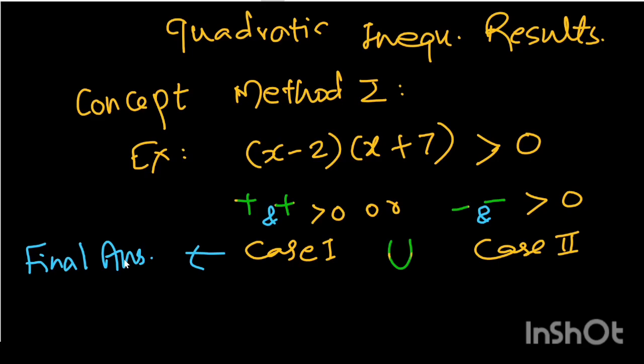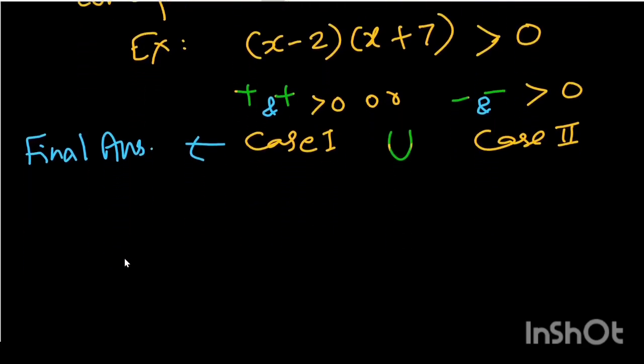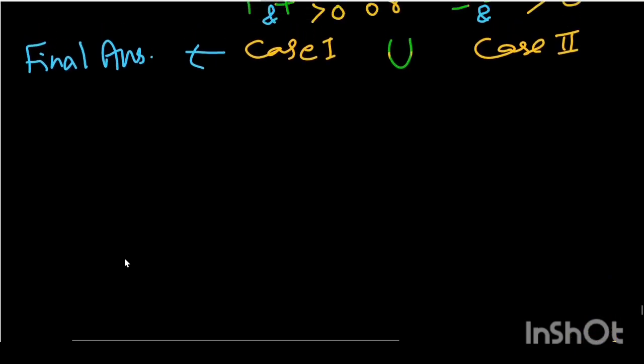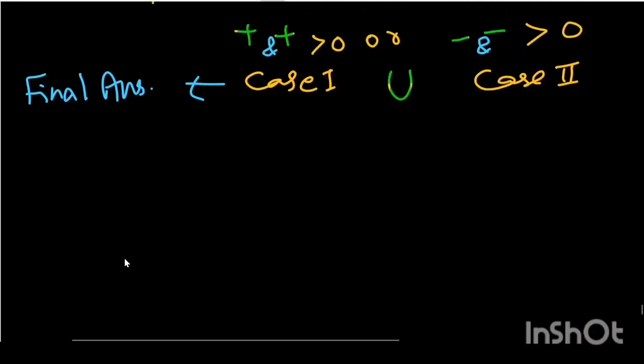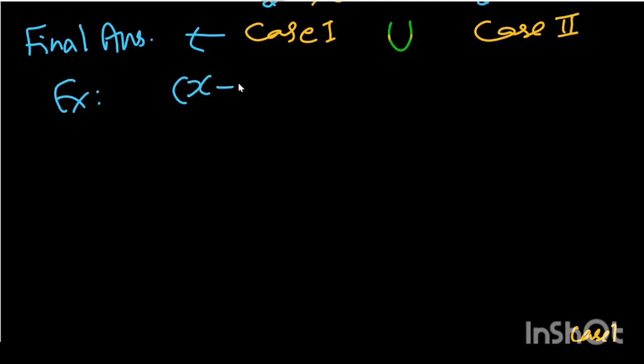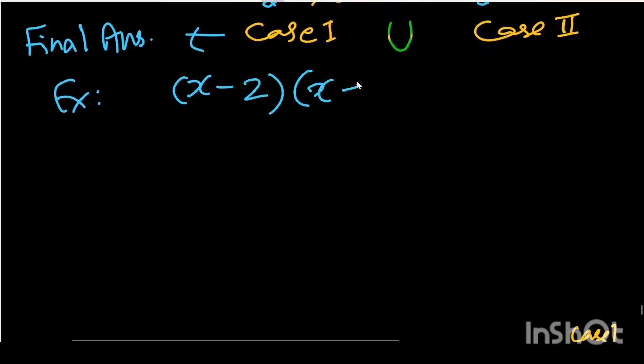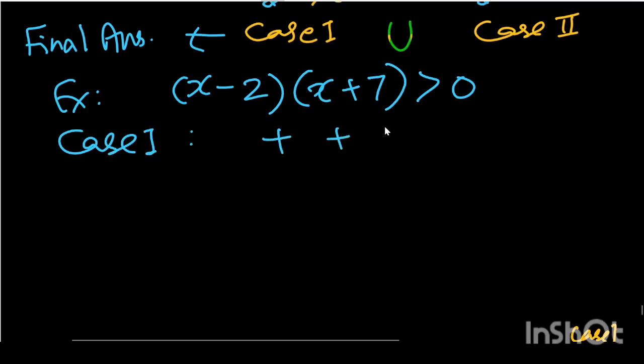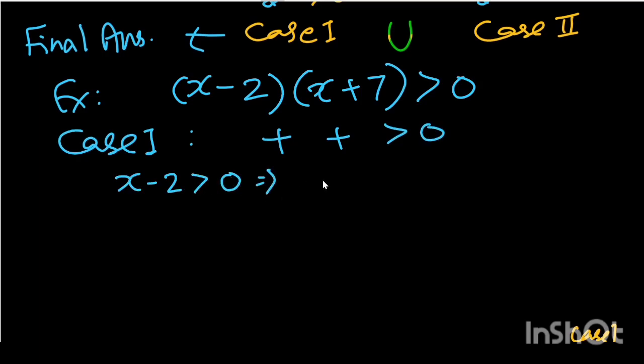So x minus 2 times x plus 7 greater than 0, we will solve by case 1 and case 2. In case 1, when both are positive, plus plus gives positive, which means x minus 2 must be positive, which gives x greater than 2.